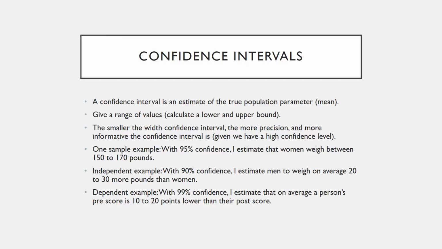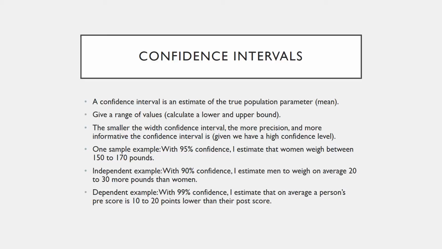A range of 3 percentage points isn't that big, and the difference between 9 and 11% is not a big deal. So if we have a 9 to 11% confidence interval, so the lower bound is 9%, the upper bound is 11%, then we have a pretty precise confidence interval.